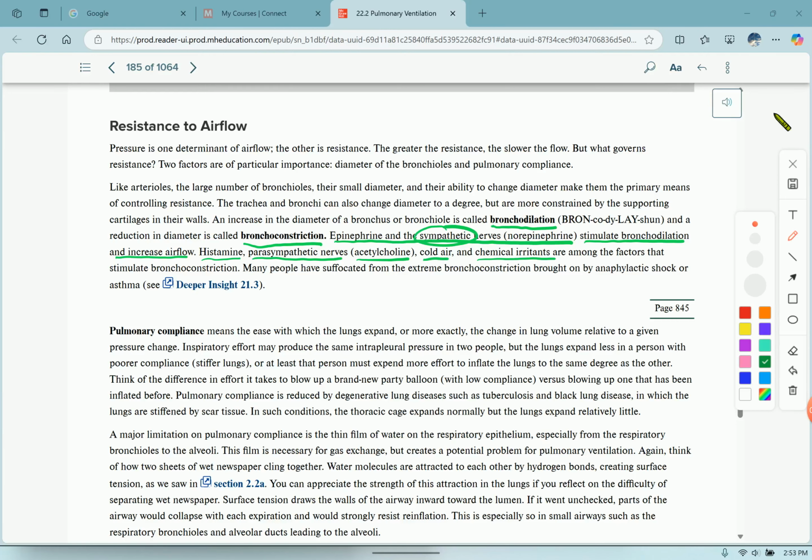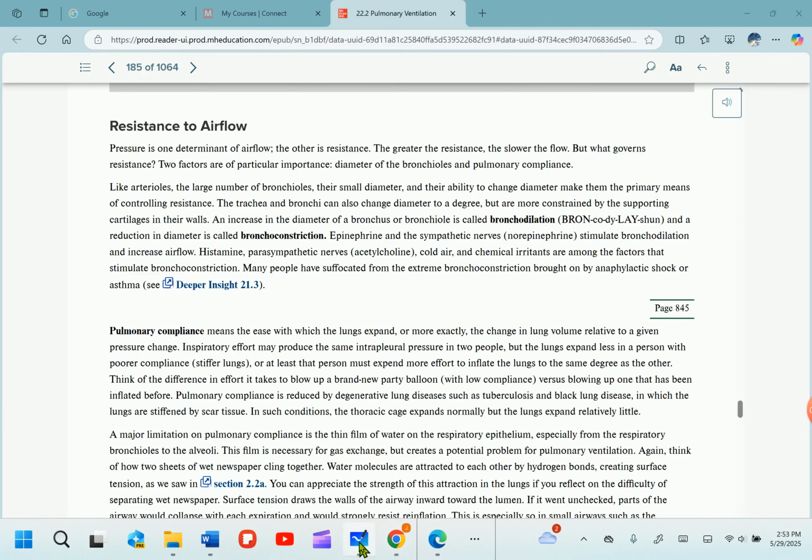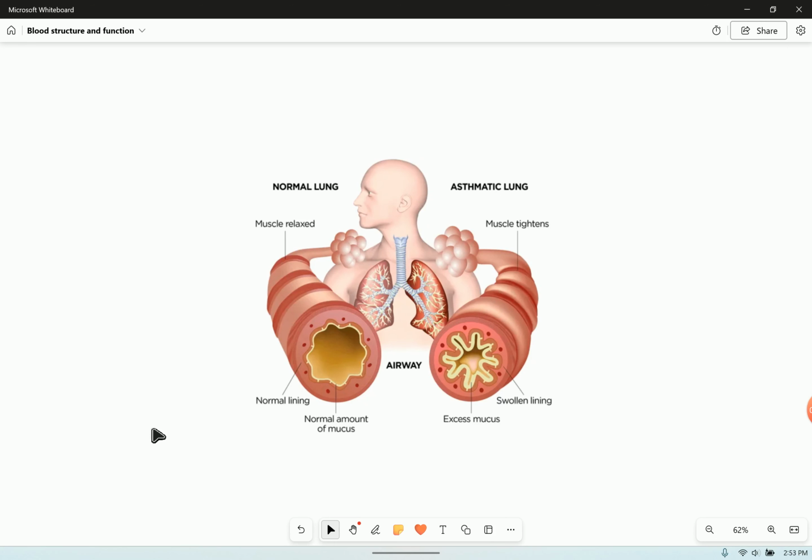Okay, let's actually draw that out. In this diagram, you are seeing that this tube right here is nice and open. That would be an example of bronchial dilation. And then over here on the green side is an example of bronchial constriction.